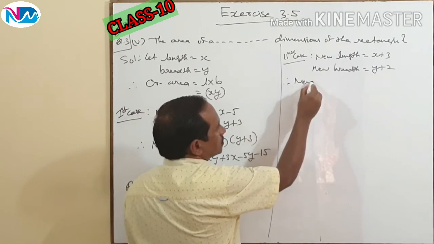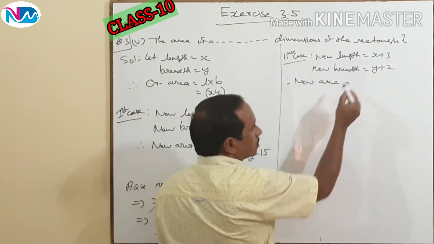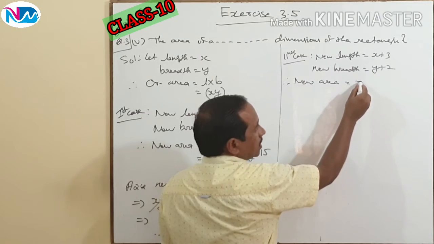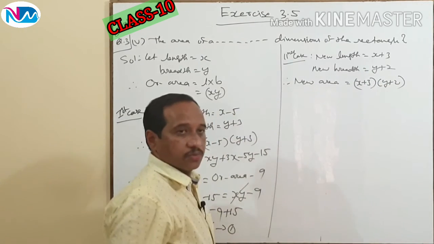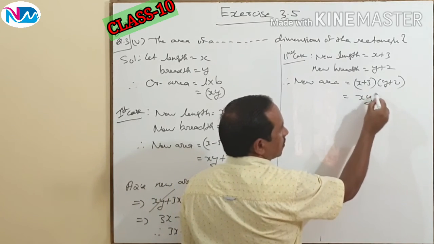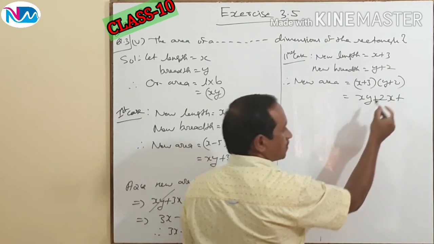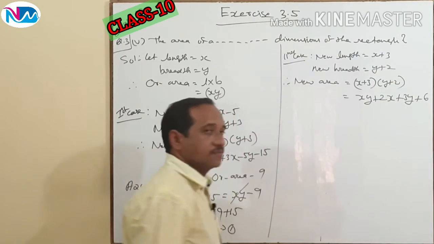Therefore, according to the second condition, the new area will be equal to new length into new breadth, that is (x plus 3) into (y plus 2), which is equal to x into y, xy, plus x into 2, 2x, plus 3 into y, 3y, plus 3 into 2, 6.